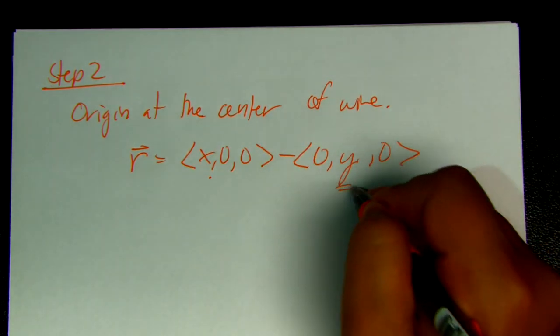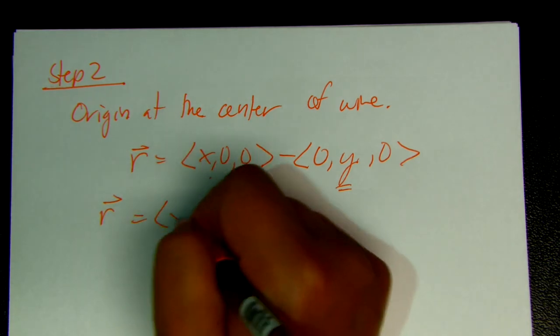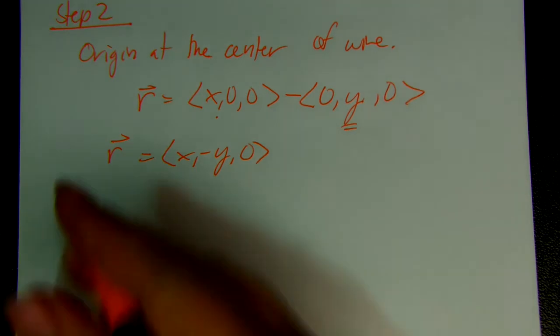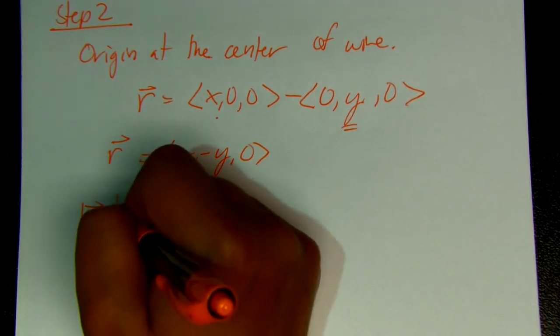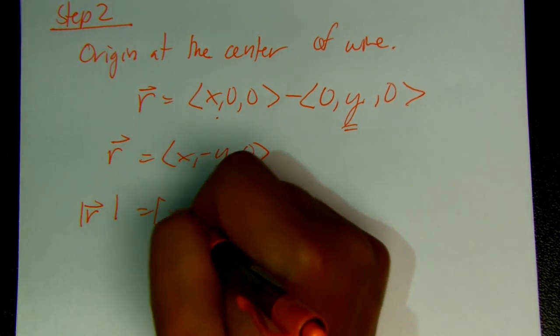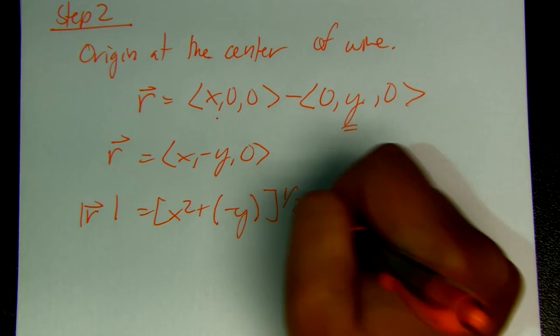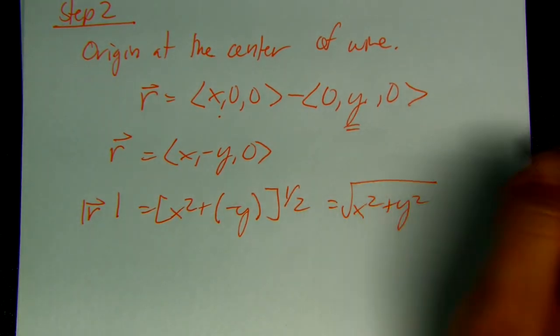We've got our little delta L here. And so R is equal to (x, -y, 0). So far it's looking pretty similar to when we did the electric field. So our magnitude is equal to (x squared plus y squared) to the 1/2, which we predicted.